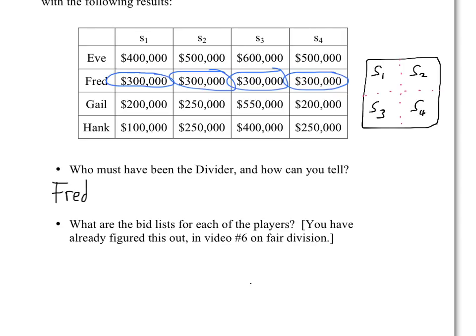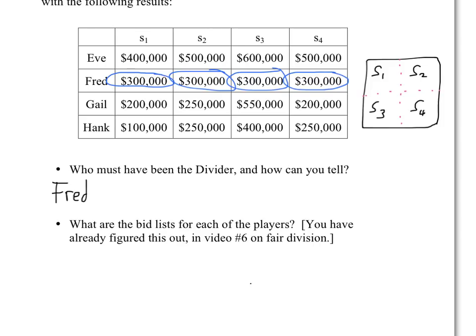According to Fred's conception, and this is why Fred put the orange cones down in just those locations, according to Fred's point of view, putting the orange cones in exactly those locations produces exactly equally valuable pieces of land to him. Okay. So he must have been the divider here. Only he is valuing each of these 4 pieces of land equally.